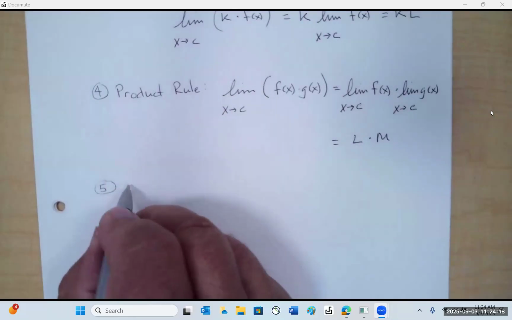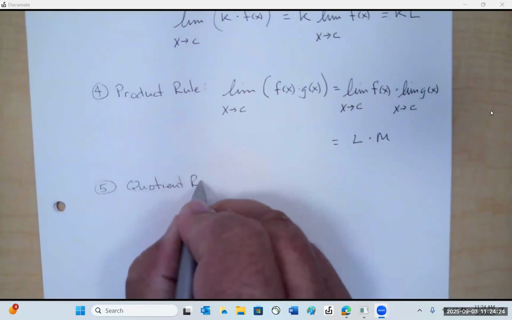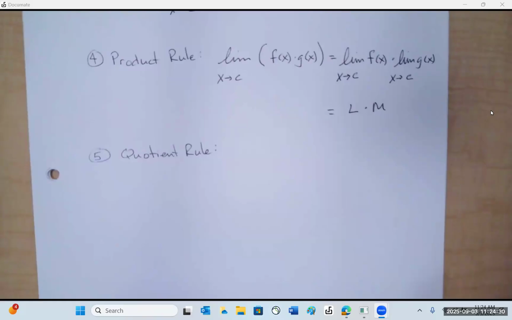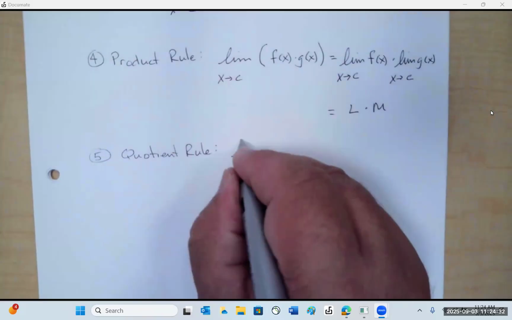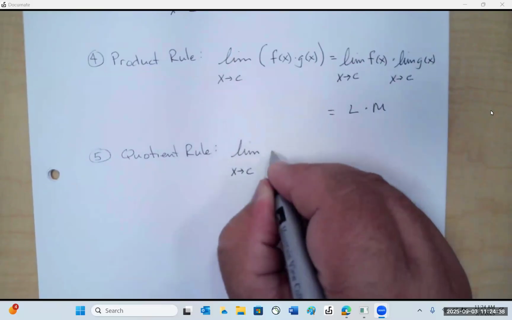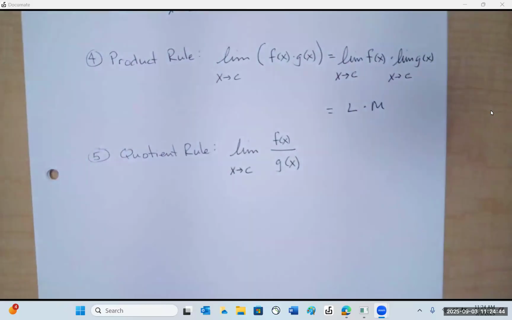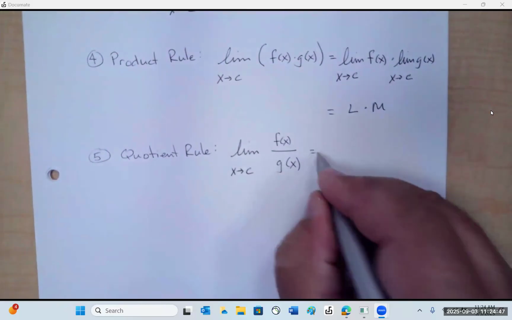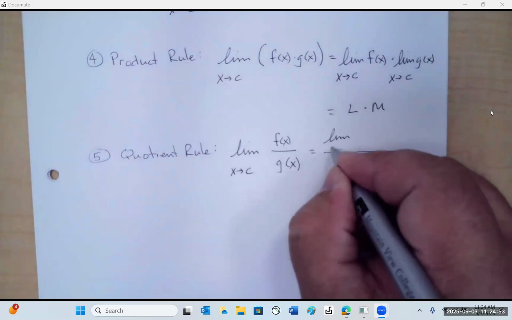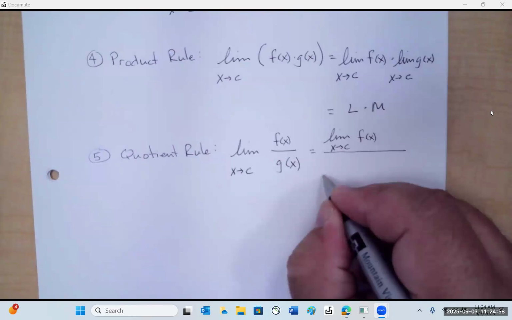The opposite of product is the quotient. Quotient means what? Fraction. So we have the limit as x approaches c of f of x over g of x, which means we're taking the limit of each function separately.